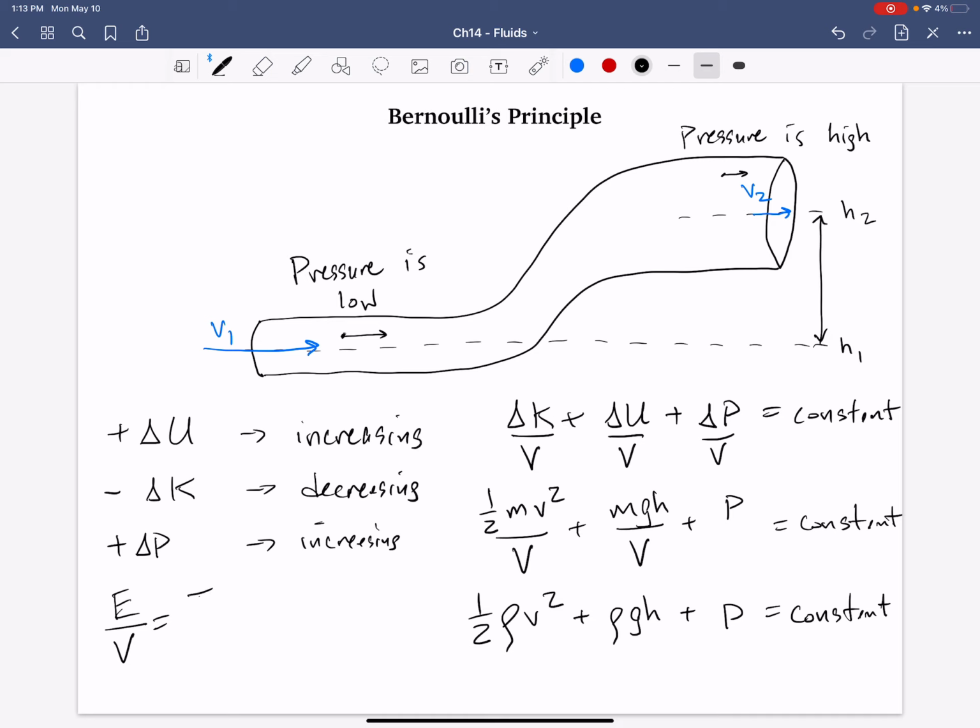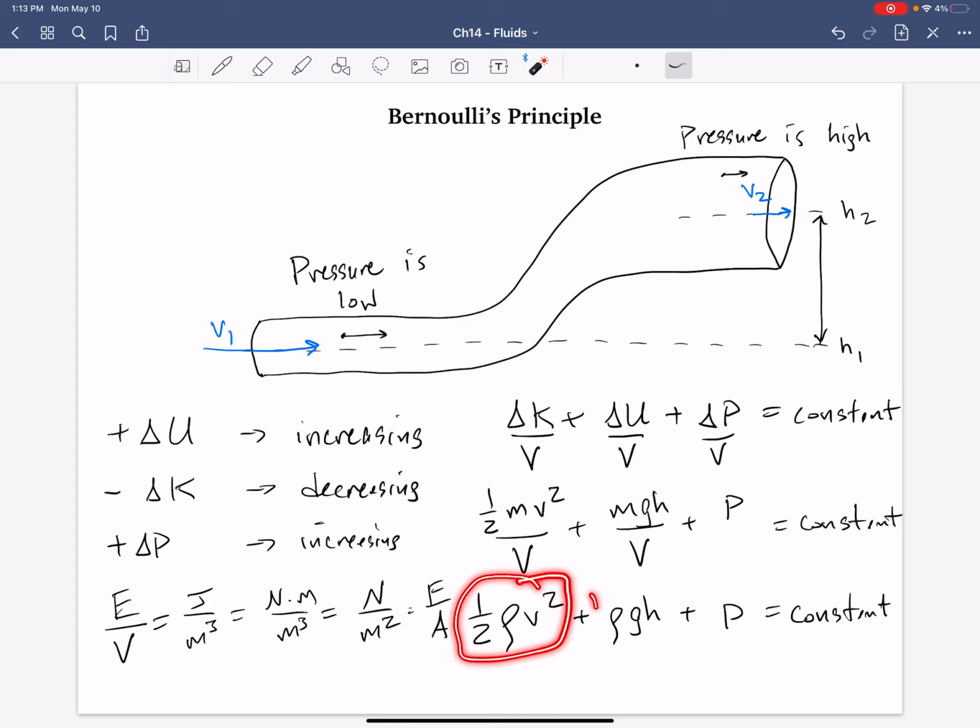Well, it's pretty much joules per cubic meter, which works out to be a Newton meter over cubic meter, and then we have a Newton per meter squared. And this is force per area, and that's a pressure. So each of these here is in units of a pressure.